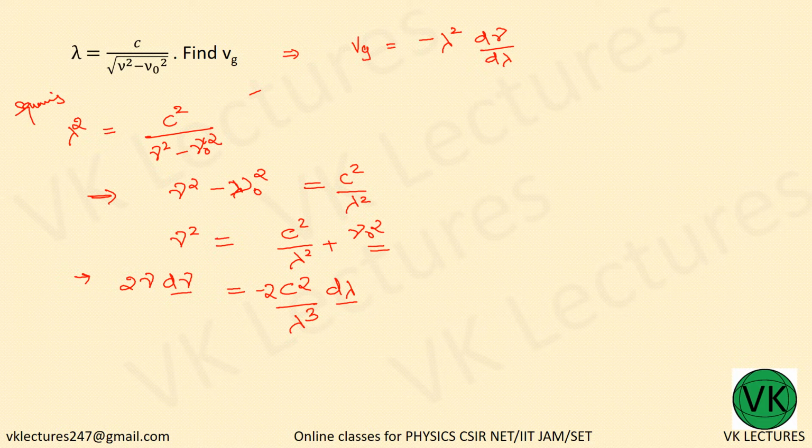So d nu by d lambda is equal to minus 2 c square divided by lambda cube into 1 by 2 nu. Two gets cancelled. So that is minus c square divided by nu times lambda cube.